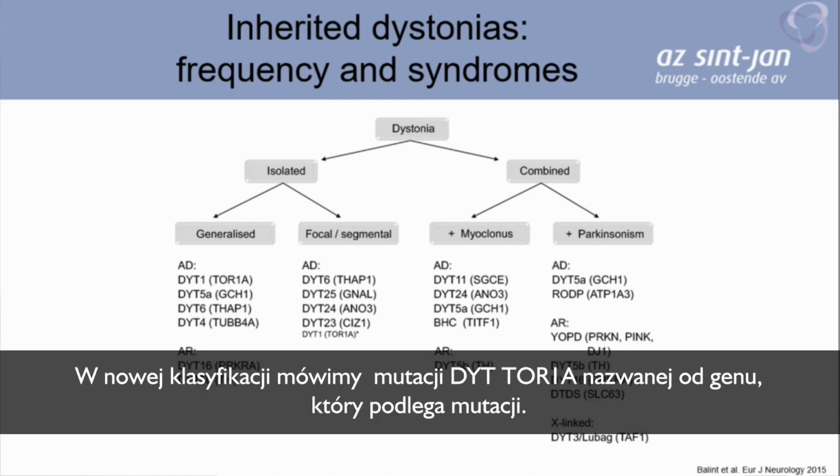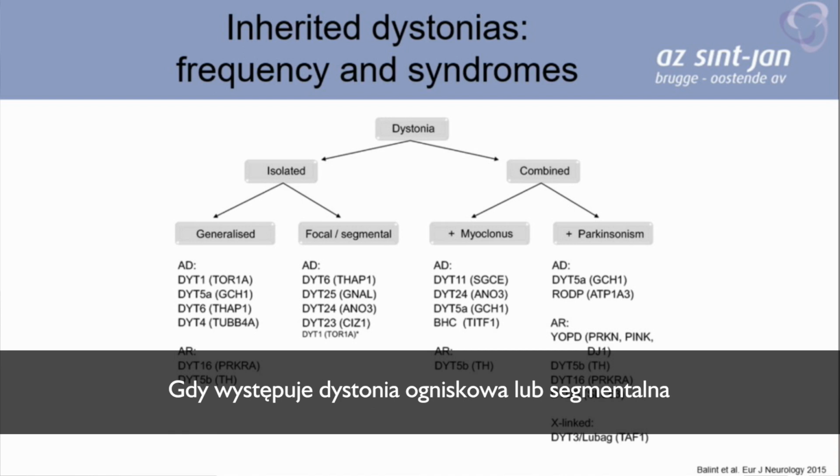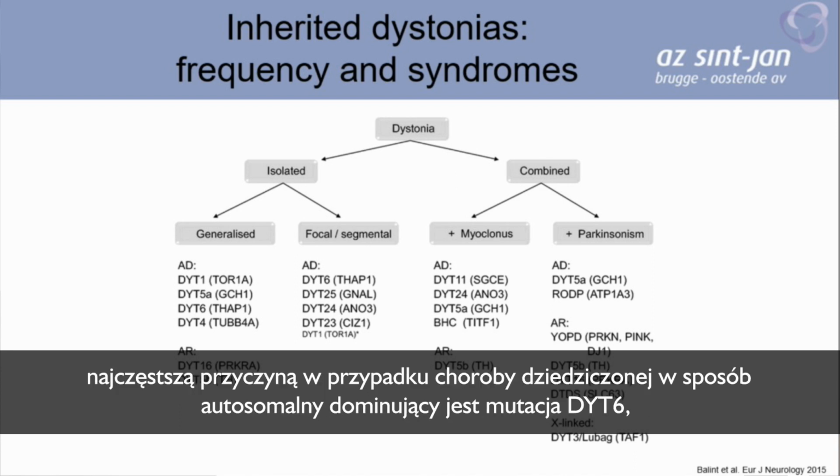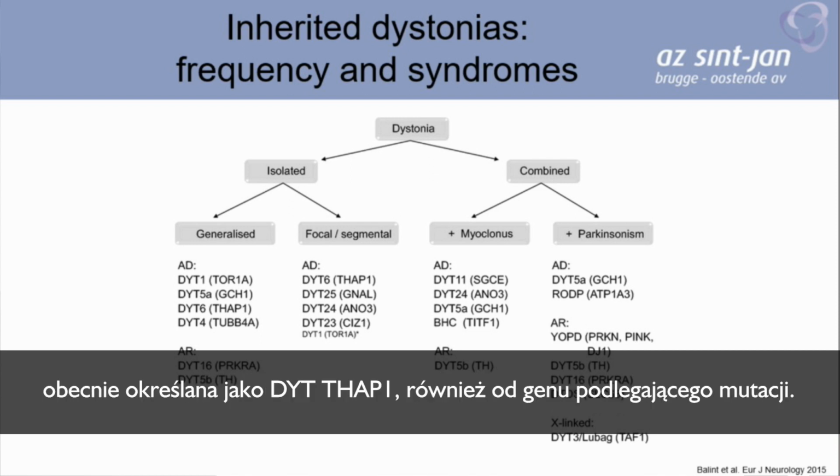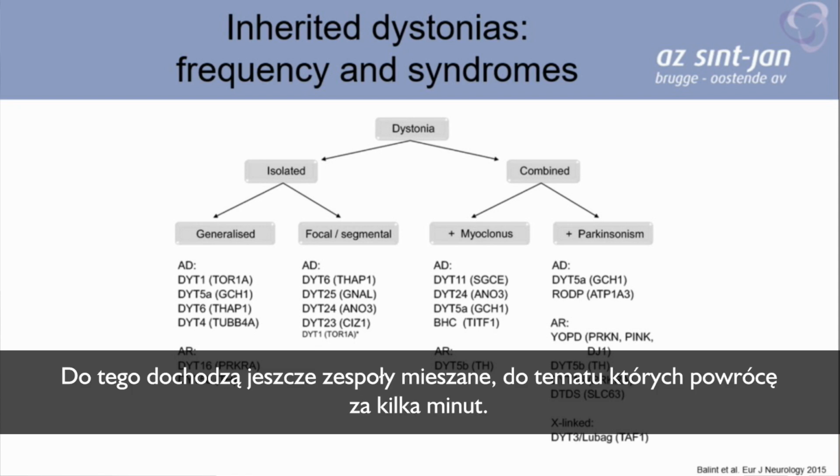That's DYT-TOR1A in the new classification, named after the gene that is mutated. If the isolated dystonia is focal or segmental, then the most common cause, if it's autosomal dominant, is DYT6, which is now called DYT-THAP1, also after the gene that's mutated. And then there are also some combined syndromes that I will come back to in a few minutes.